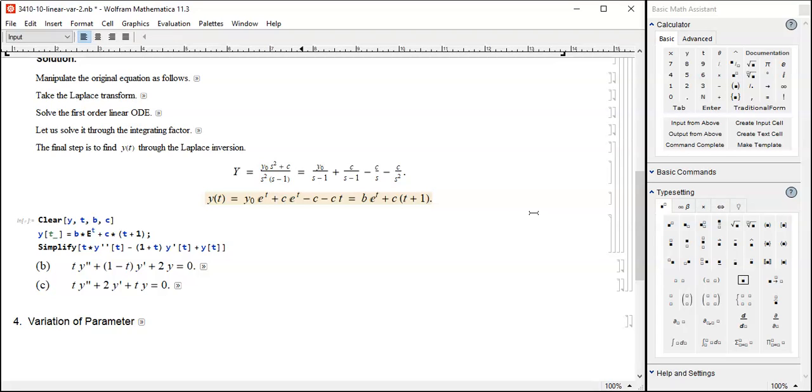Again, for decomposition by partial fraction, you can use a computer algebra system. So y0 and the y0 plus c put together and another character b, so that we have two characters b and c, and as a matter of fact, we have two linearly independent solutions, e to the t power and t plus 1, and then we have these two characters. So we have the linear combination form. This is a general solution.